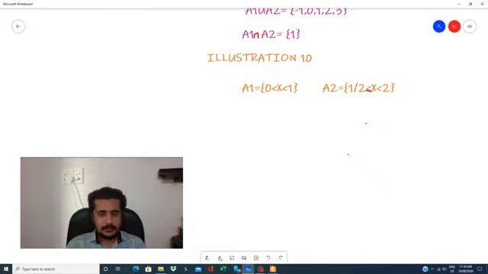Let us first draw this, we can solve this more easily. Let us make a line. Now this starts from 0, from 0 to 1.